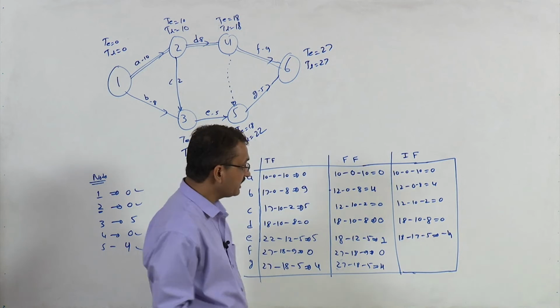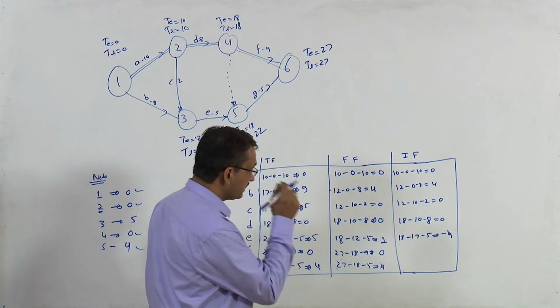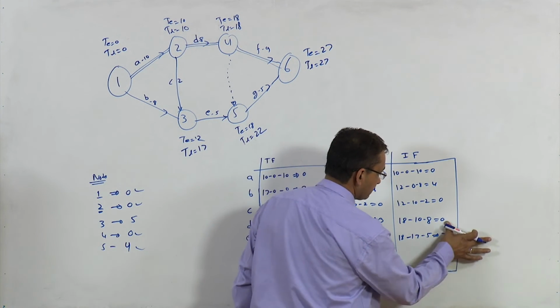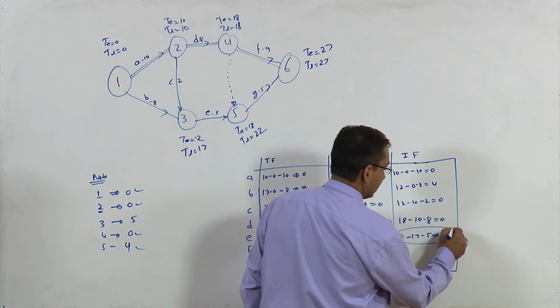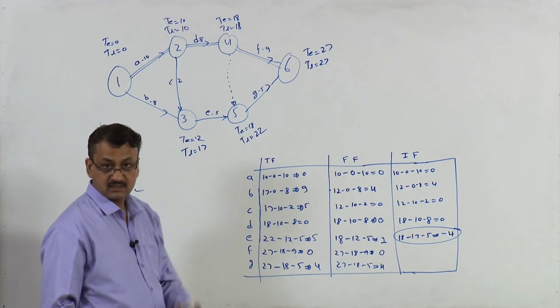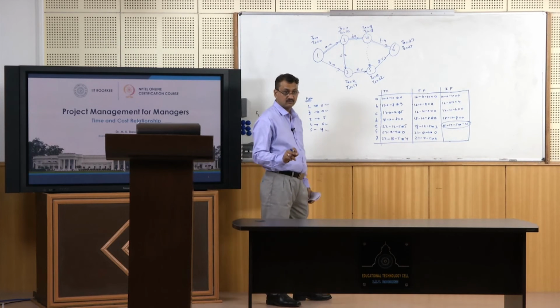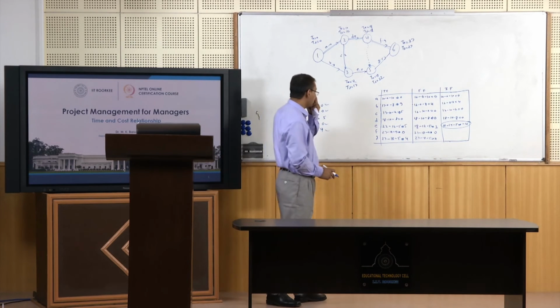For the first time we are getting a float value as negative, and this is minus 4. As I said, it is the only independent float which can take a negative value.